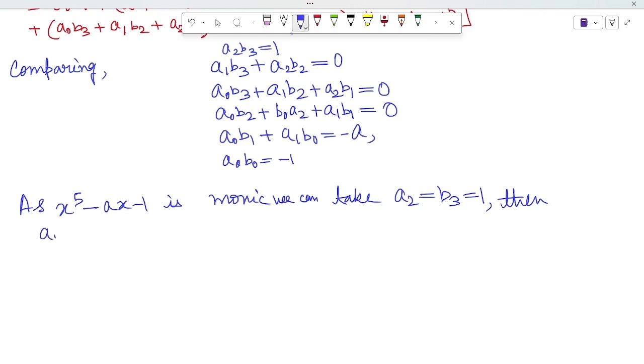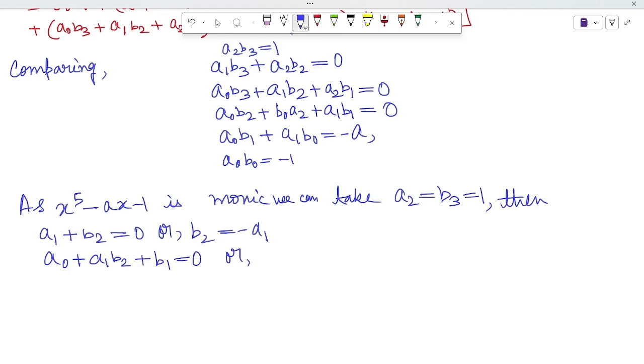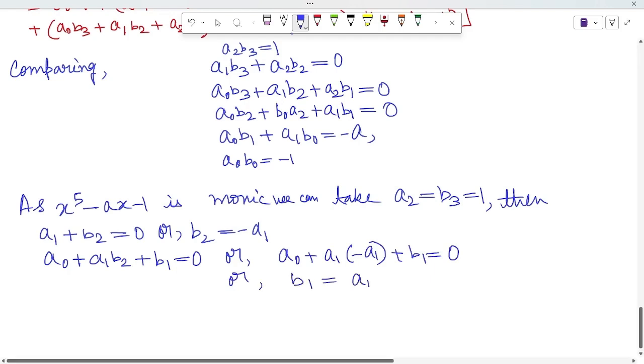So B3 A1 plus B2 is 0, B2 is minus A1. A0 plus B3 and A2, so A1 B2 plus B1 is also 0. Or A0 plus A1, B2 means minus A1, plus B1 is 0, or B1 is A1 square minus A0.